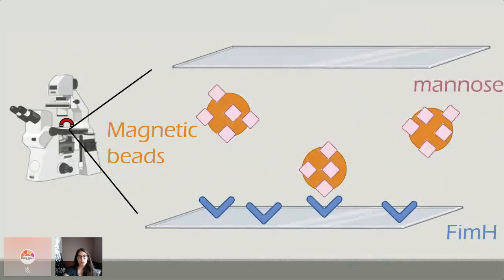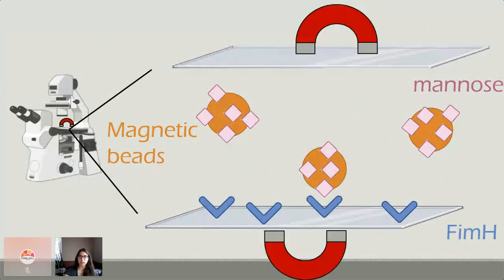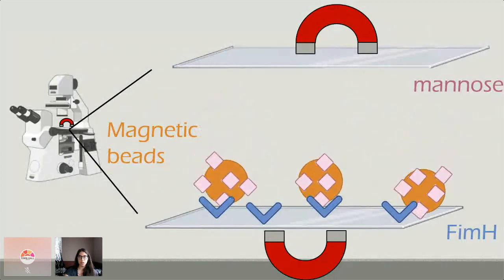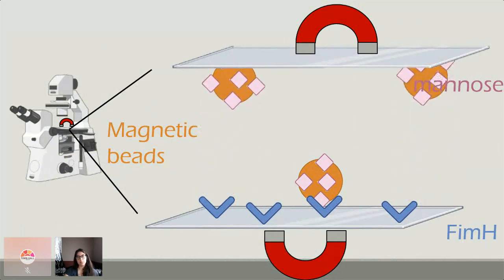And then we add mannose molecules around these magnetic beads and place magnets above and below the chamber. So we can use these magnets to move the magnetic beads up and down, and say use the bottom magnets to pull the beads down. And now FimH can grab onto any mannose molecules that it can reach. And then we use the top magnets to pull on these magnetic beads and essentially pull on FimH as it's holding on to mannose.